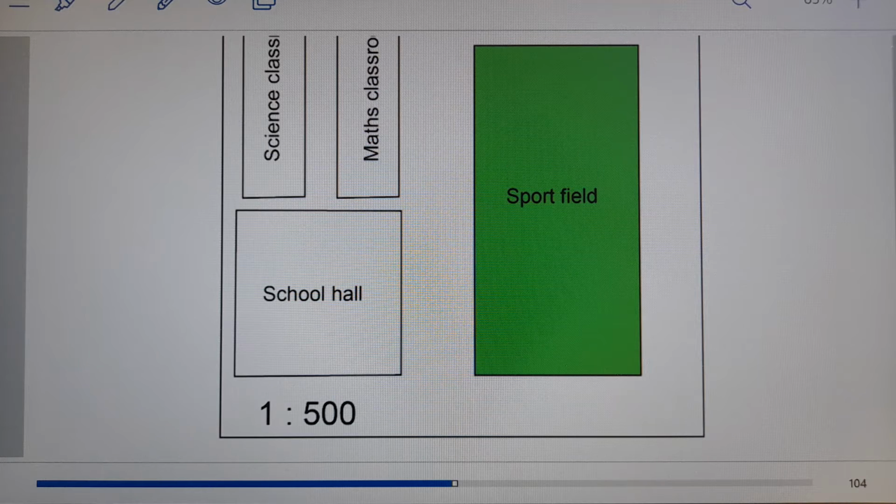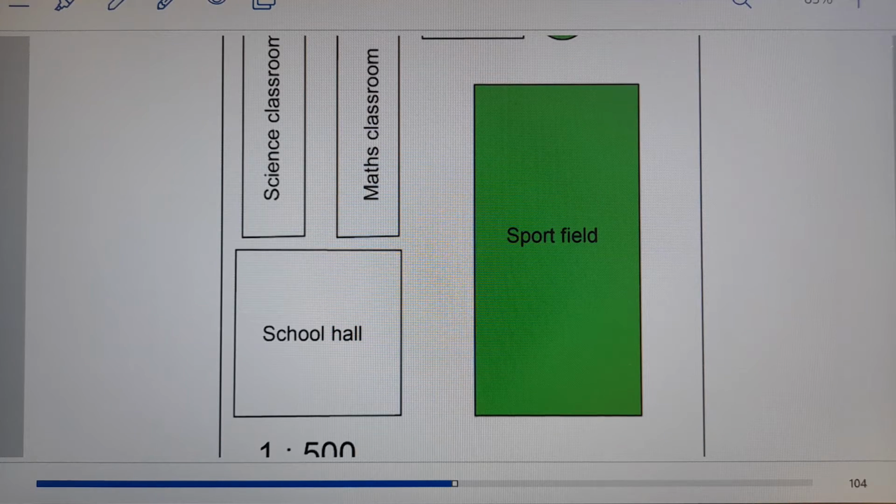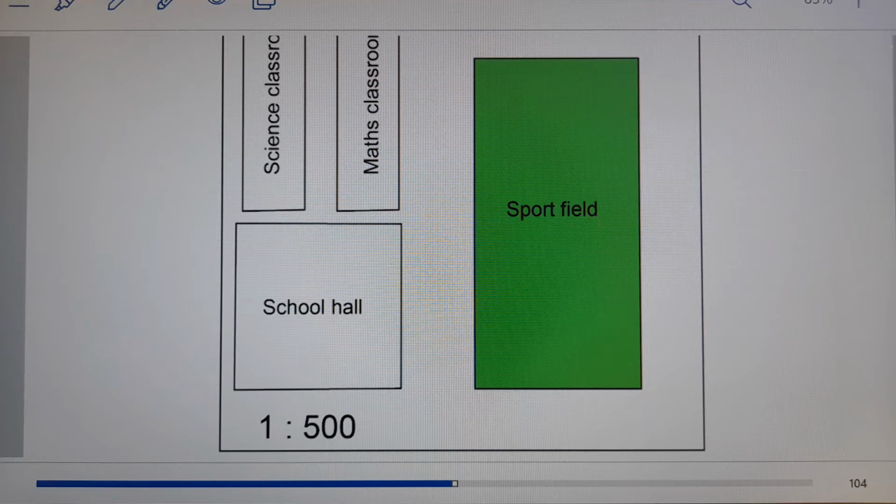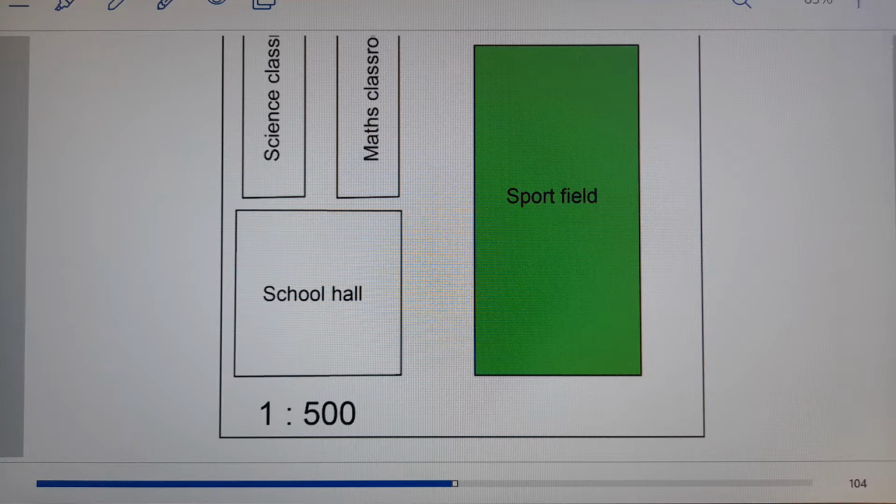So you're going to take your ruler and measure the sport field, and obviously you need a printout for this question. Your units are up to you, you can use centimeters or millimeters.